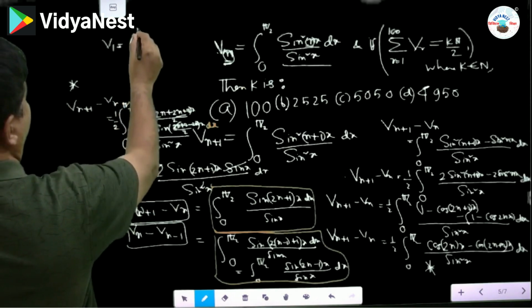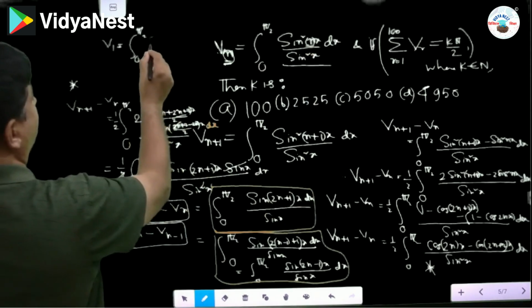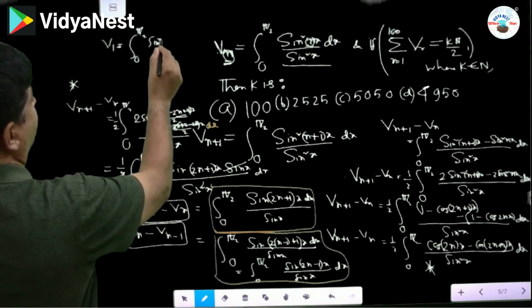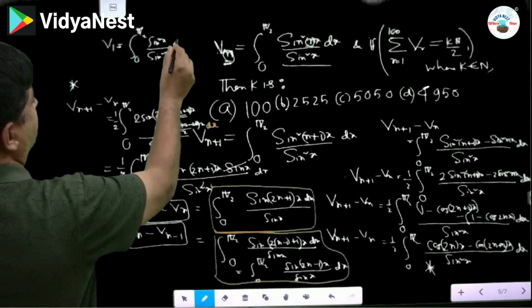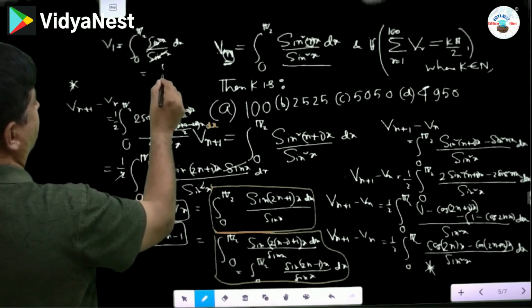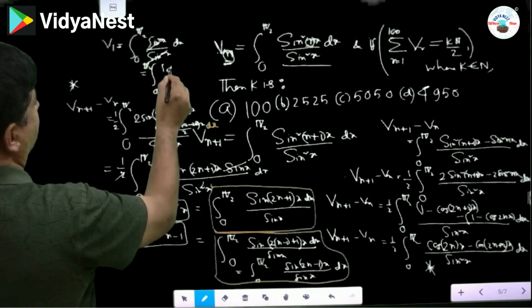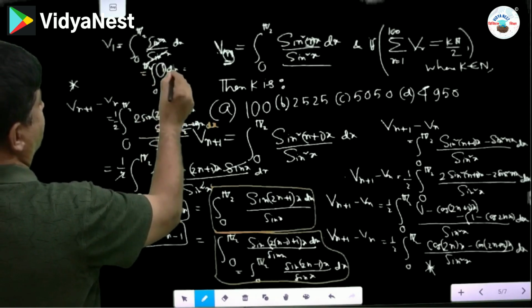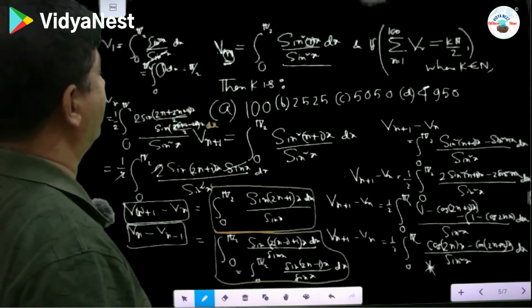V1 is 0 to pi by 2, n is 1, sin square x by sin square x. That is 1. So integration x. So V1 is pi by 2.